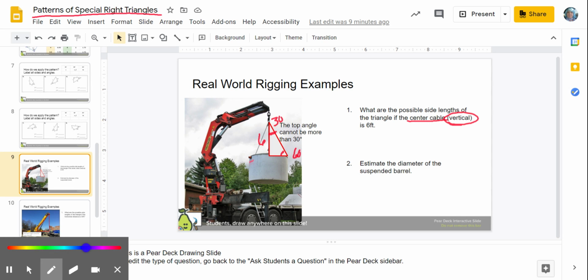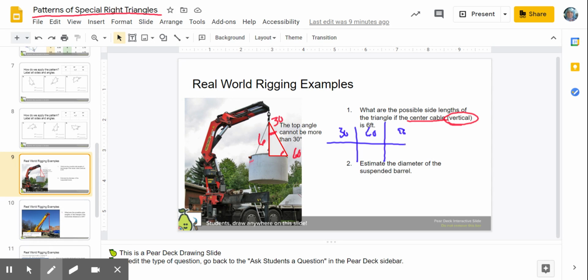So if I make my table, I've got the 30, the 60, and the 90, right? And that was x, x on the square root of 3, and 2x. So where do I put the 6? It is.